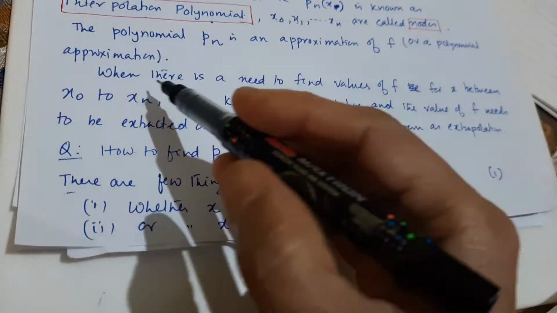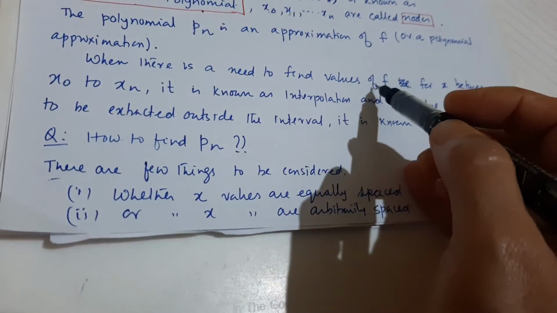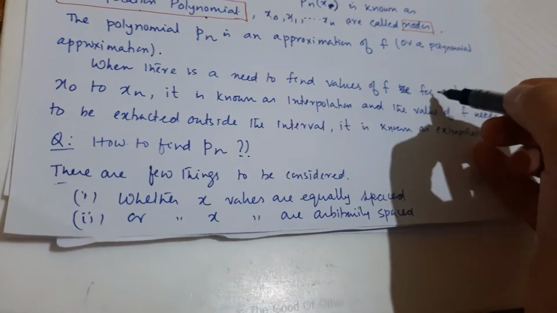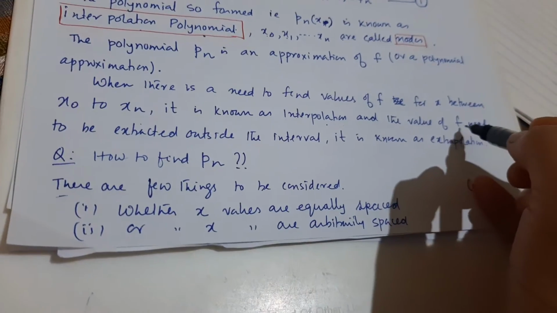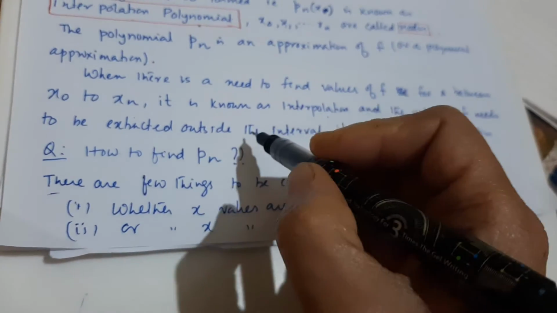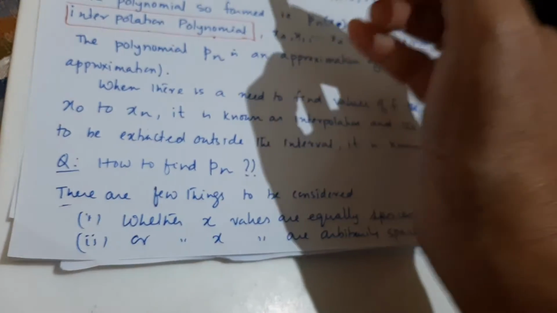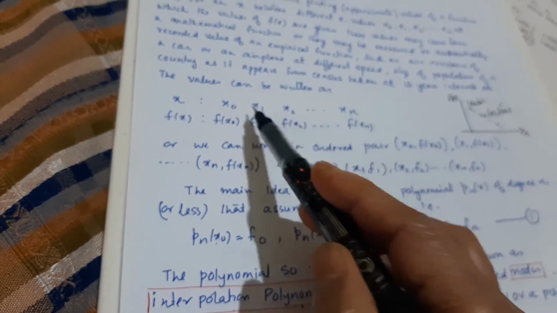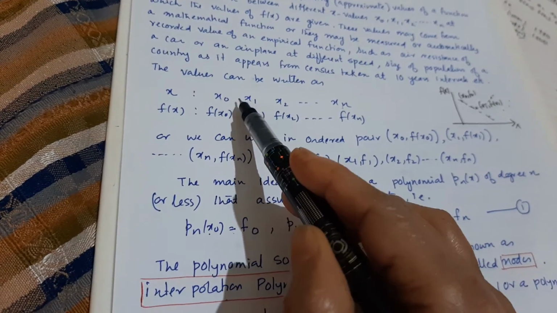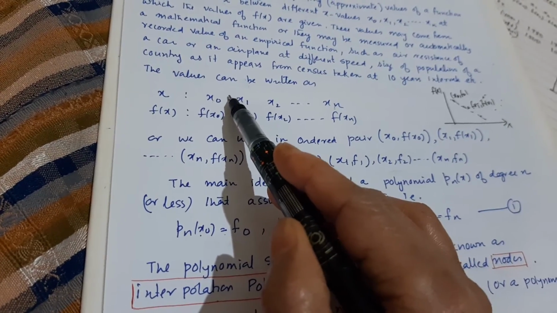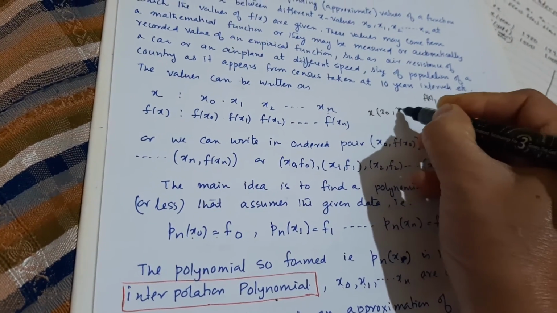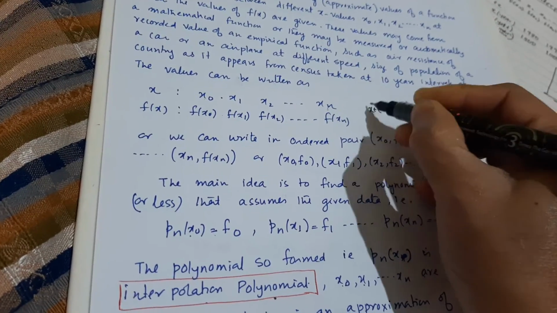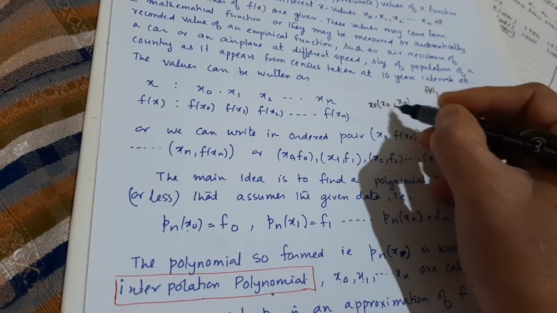Now when there is a need to find the value of f for any x between x0 and xn, within this interval, we call it interpolation.